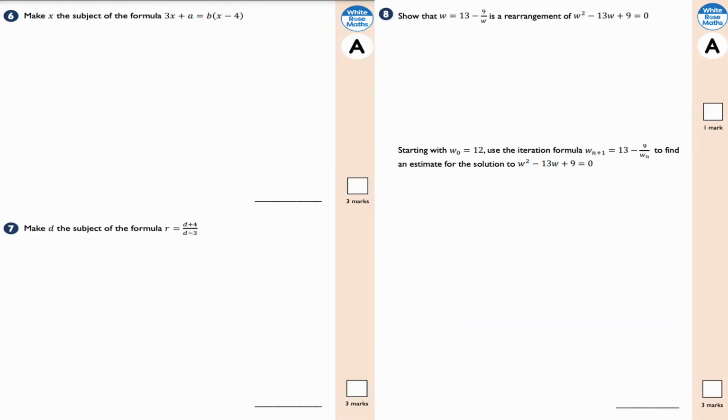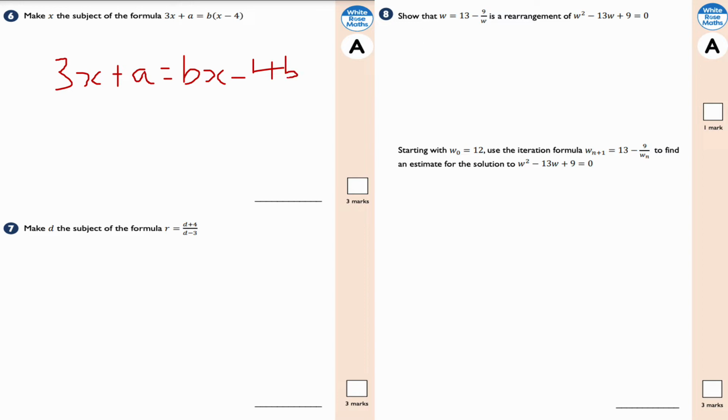for that one. Okay, this is question number 6, guys. Make x the subject of the formula 3x plus a equals b brackets x minus 4. Okay, so if I expand the right hand side bracket, I'm going to get bx minus 4b, so b times x is bx, and then b times negative 4 is negative 4b, okay.